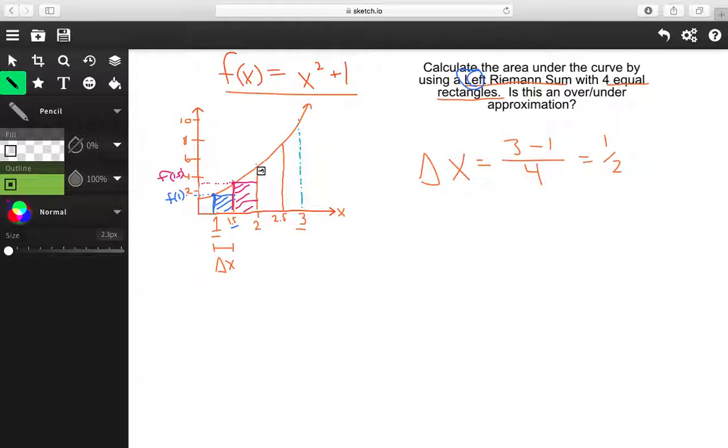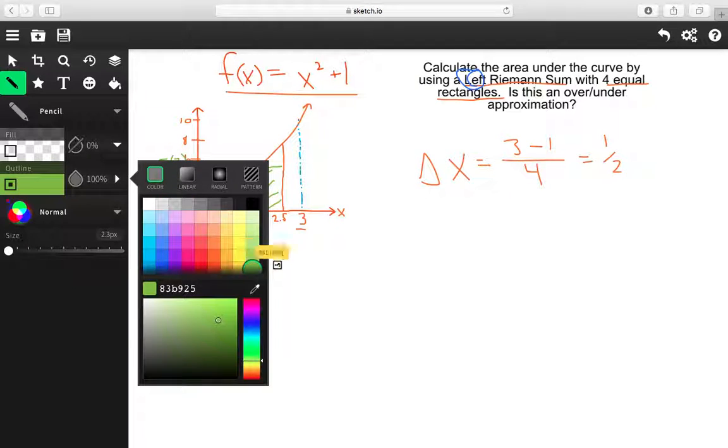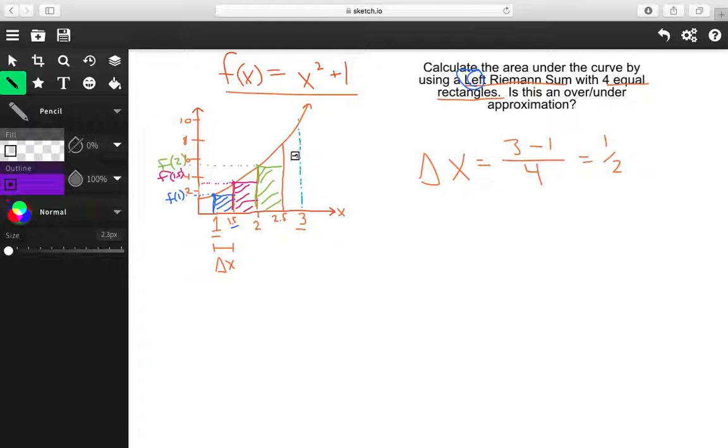For the next one, again we're going to start at the top left corner. It's going to be f of 2. And we'll pick a purple. And our final one is going to be over here. It's going to be f of 2.5.